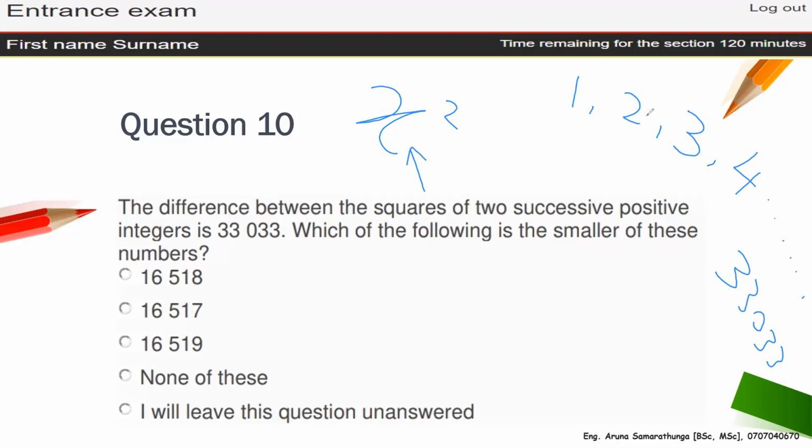And which of the following is the smaller of these numbers? Now what is this saying? The difference between the squares of two successive, that means the nearest positive integers. So let's go to the other slide, then I can explain it better.